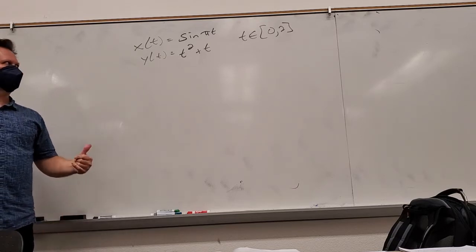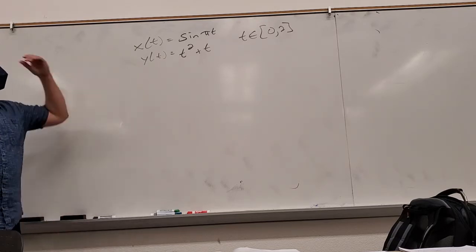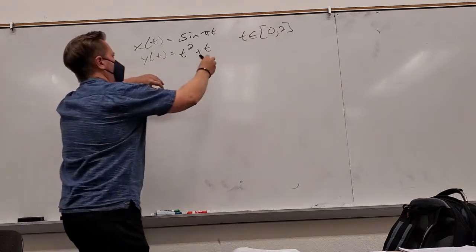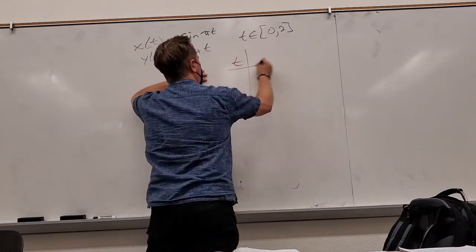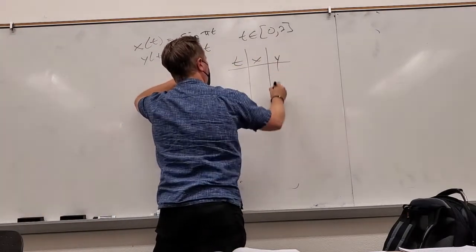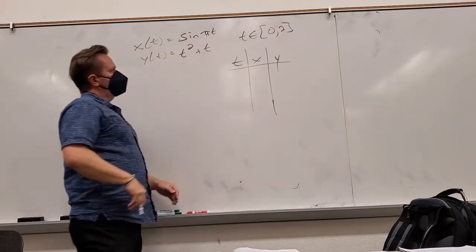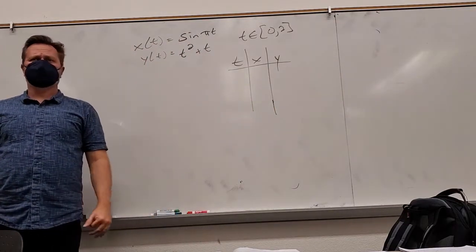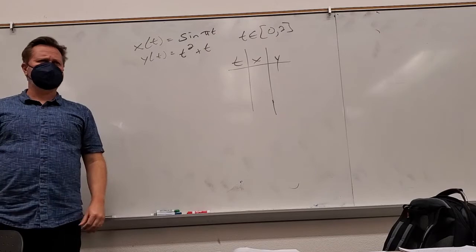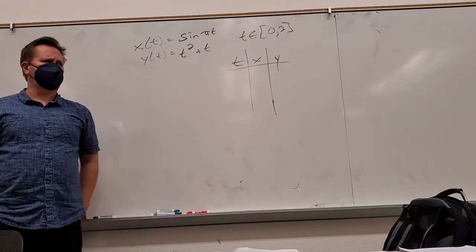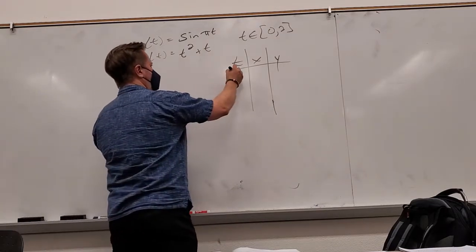Okay, so let's make a quick TXY table. I don't just want to use 0, 1, 2. You guys agree? That's not really good enough resolution for this. So let's at least use the half points.